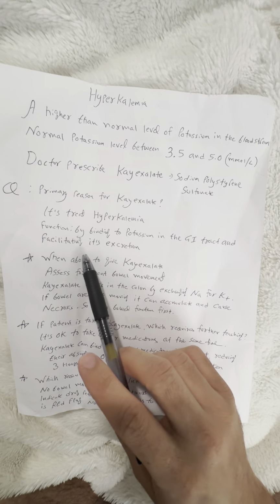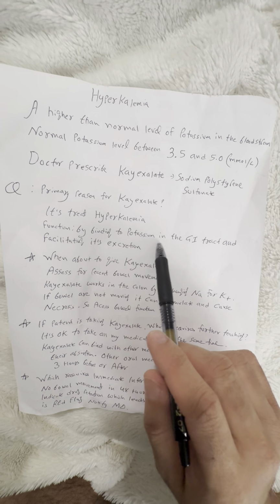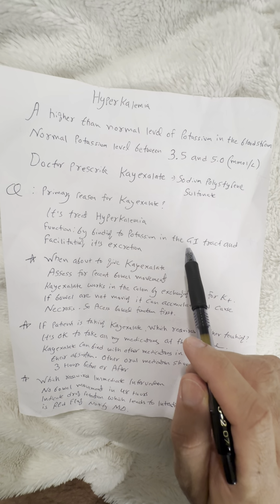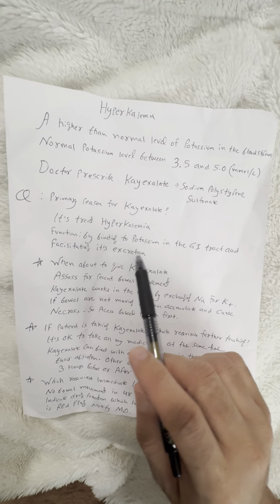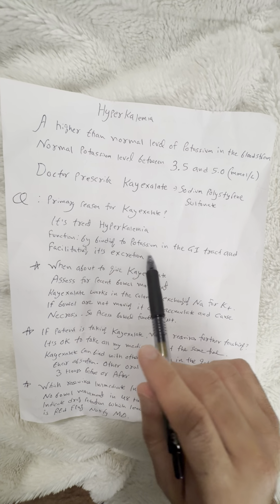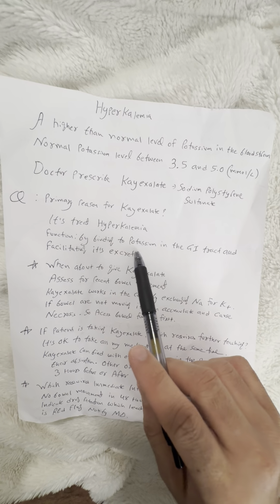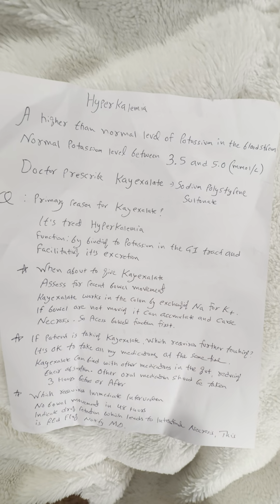How does that work? This medication binds to potassium in the GI tract, and then it helps excrete it. That means the patient will have a bowel movement. When the patient has a bowel movement, the potassium also exits the body. That's how this medication works.